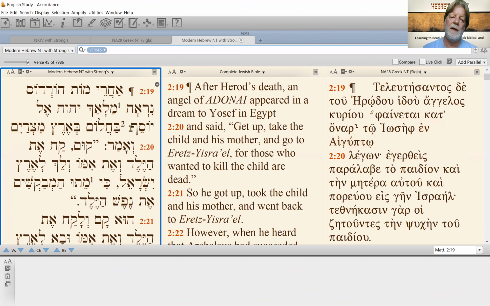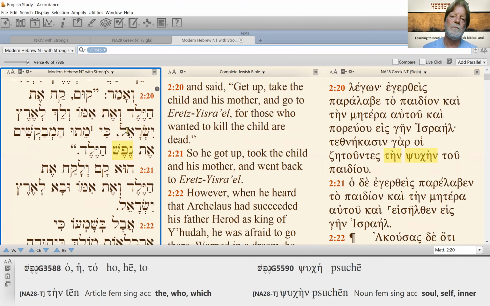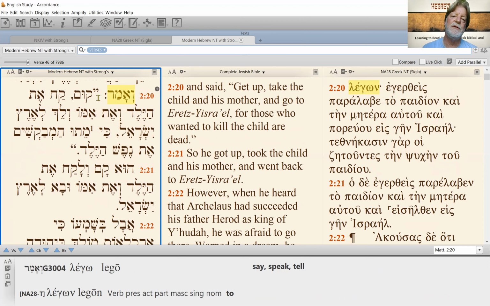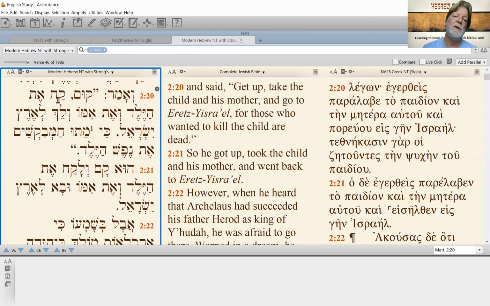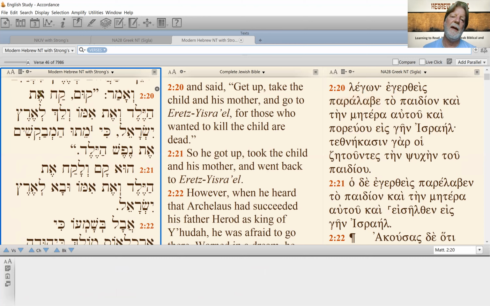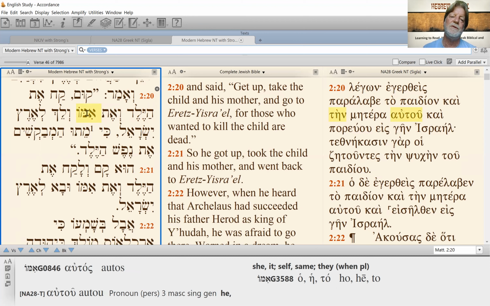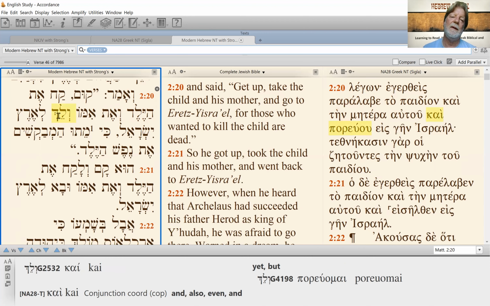So they were in the land of Egypt. Verse 20. And he said, kum, arise. Kach, which is a shortened form of lakach. Actually, it's the command form, the imperative form of lakach, take the child and his mother, and go.